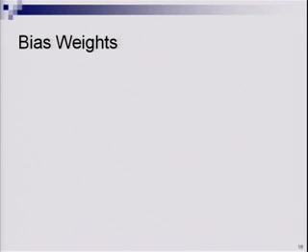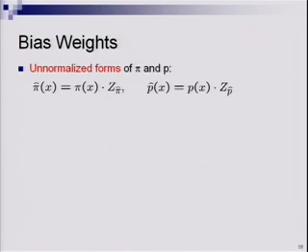What are these bias weights? In order to define them, I need to define what an unnormalized form of a distribution is. In our case, we talk about a discrete distribution over finite domains. So these are just functions from the domain to the interval [0, 1], and they sum to 1 over the domain.